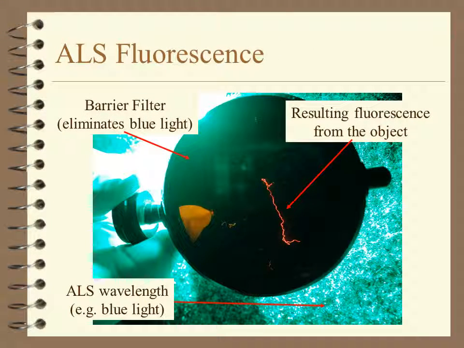And this is an example of alternate light source fluorescence. Now, with this barrier filter, blue light is eliminated, so the only thing you see is the red that's coming from the object being fluoresced.